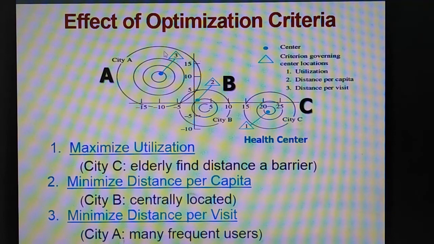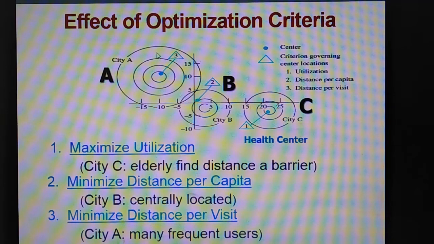However, for city C, there are many more users going to the health center at city A, and the large circle represents the larger number of visitors going to city A. City A represents optimization for the criterion of shortest visit distance. Since it is minimizing the distance for every visit, many more users go to the health center at this city.